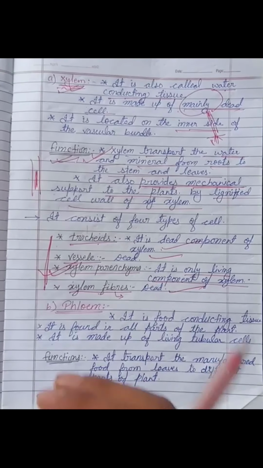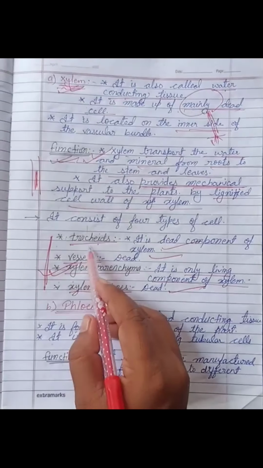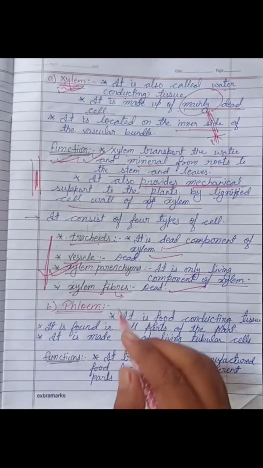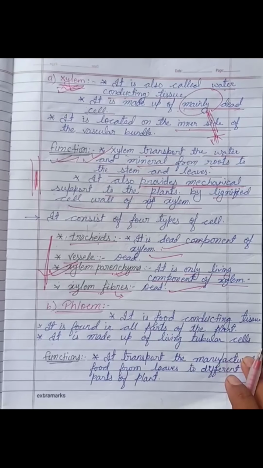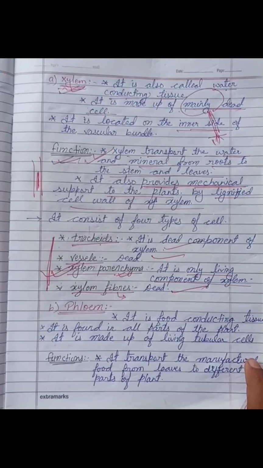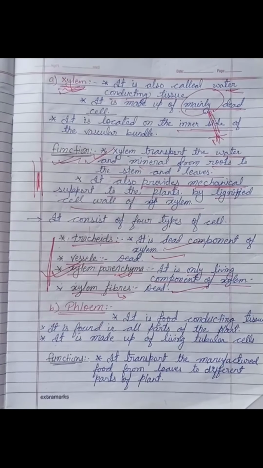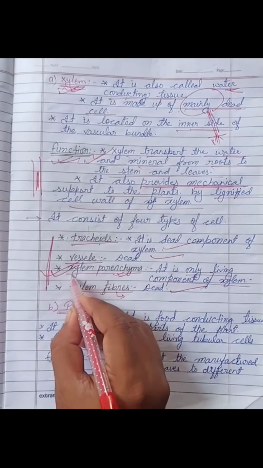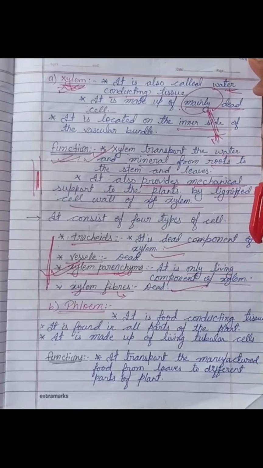And if you have remembered the 4 types of xylem, tracheids, vessels, xylem parenchyma and xylem fiber or xylem sclerenchyma, the xylem parenchyma is the type of cell which is responsible for the transportation of water. Is it okay? That means in the xylem, the parenchyma cell is responsible for the conducting of water.